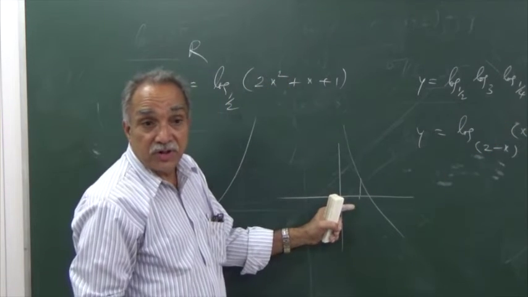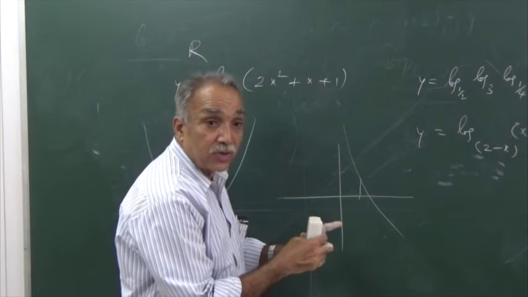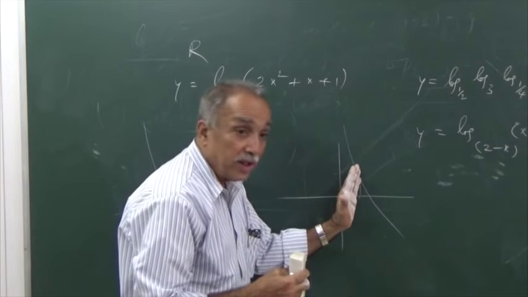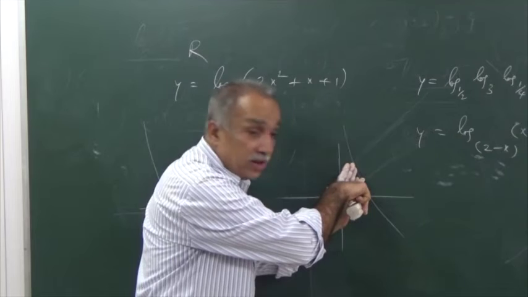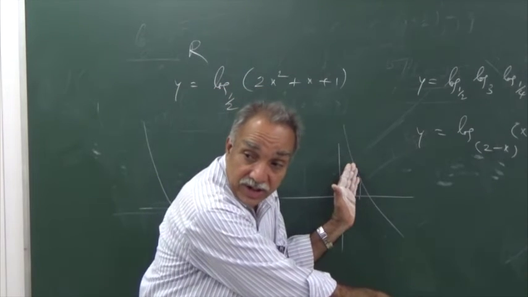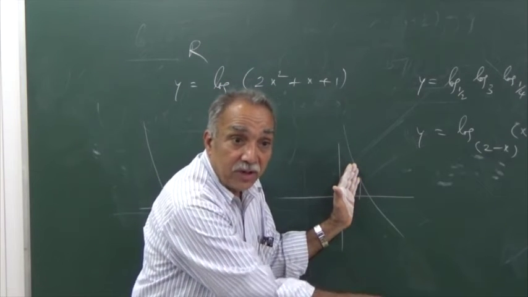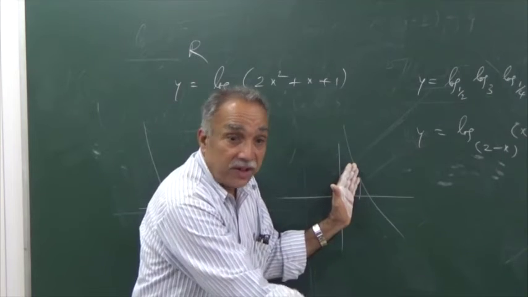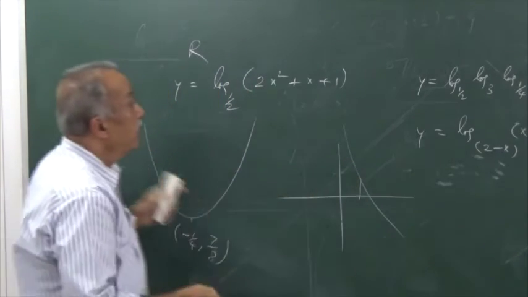Therefore, what will be the range of the function? It is the set of all values attained by the function to the right of this vertical. The highest value taken is this. The least value taken is minus infinity. So it will be an interval with left hand point minus infinity and right hand point this point. What is the height of this point?